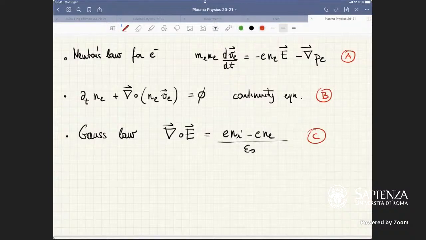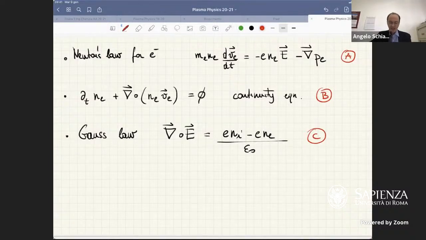Okay. So our plan is to solve these three equations, and we want to seek a solution in 1D, which is one-dimensional.